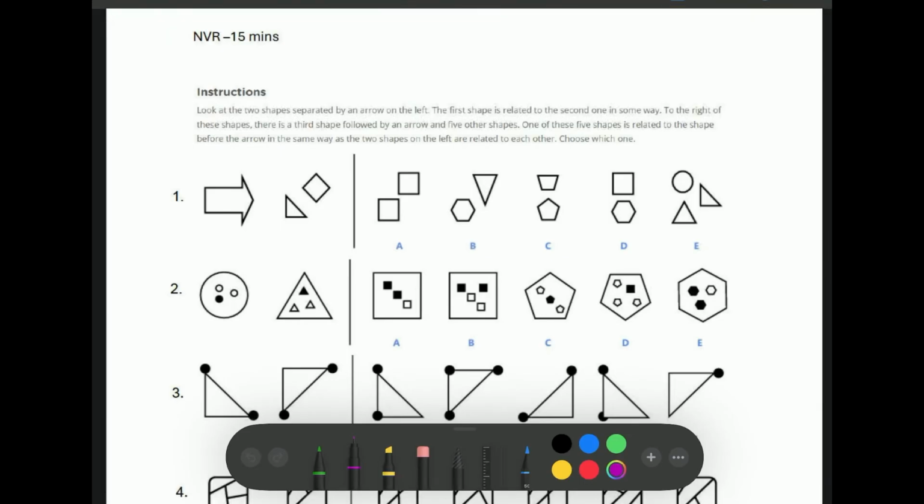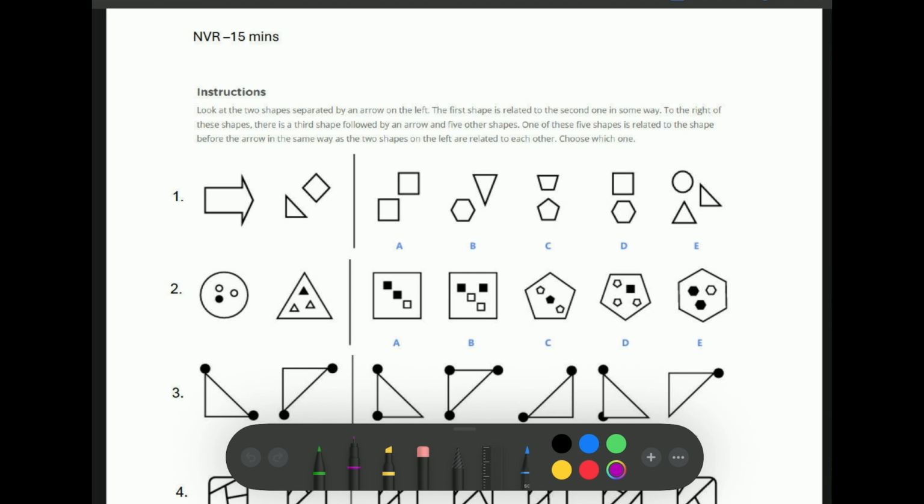So now I'm going to be going through the answers to the MVR section of the mini mock. Basically what you've got to do is, I'm just going to read the instructions. You look at the two shapes separated by an arrow on the left. The first shape is related to the second shape in some way.